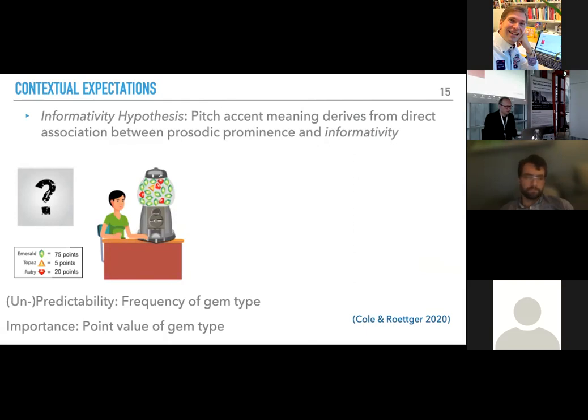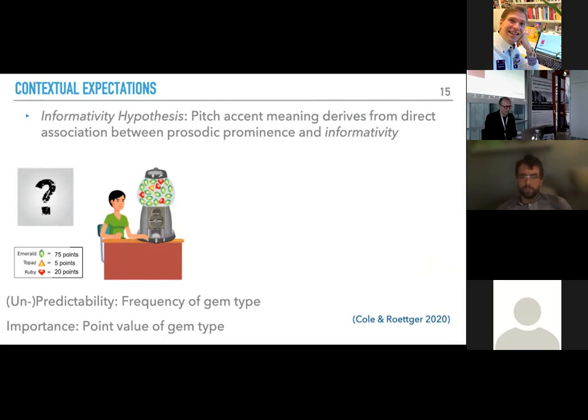Instead, they propose what they call the informativity hypothesis, which means that pitch accent meaning derives from a direct association between intonational prominence and informativity, which they define in terms of unpredictability and importance.